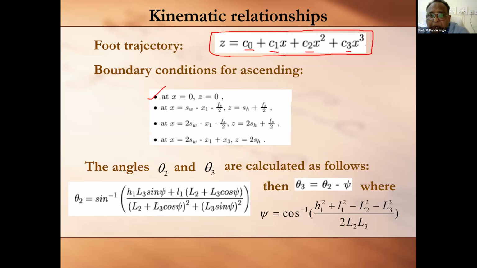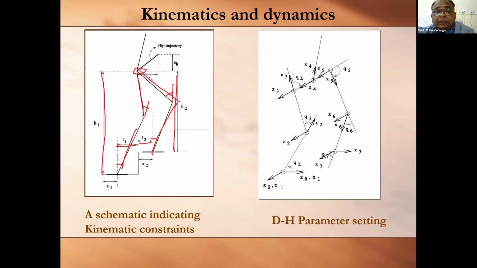Here are the 4 boundary conditions with respect to the dimensions and geometry of the terrain, so that we will be able to get the coefficients and establish the relationship with which the swing leg is moving. And I already mentioned theta 2 in the previous slide. So this is called theta 2, and this is theta 3, and this is theta 5, and this is theta 6.